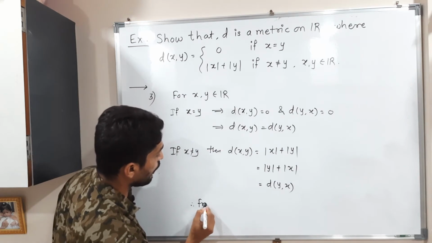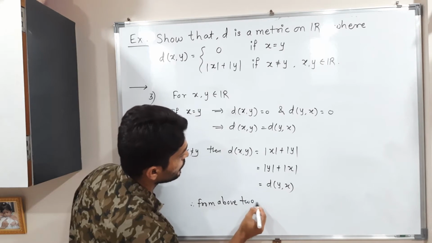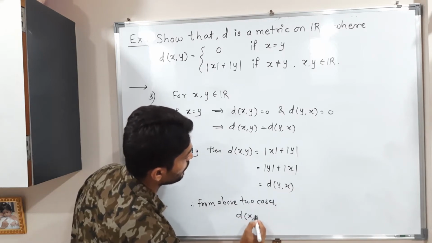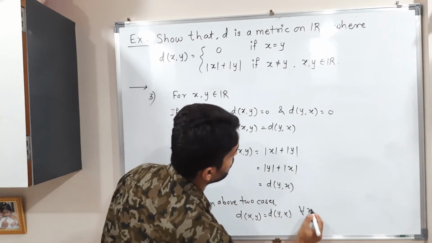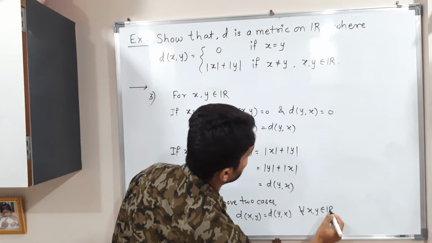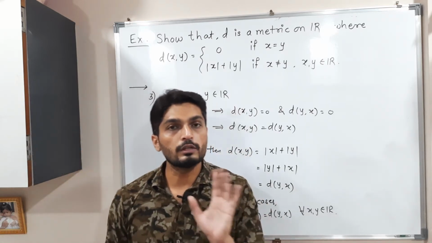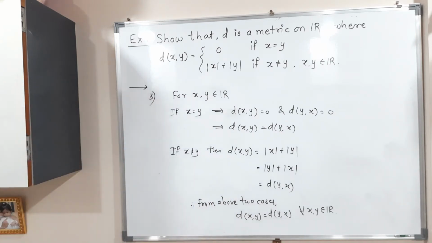Therefore, from the above two cases, we get d of xy is equal to d of yx, and this is true for all x, y belonging to R. So in this way we proved the third property also. Only the last property remains. Make a screenshot of it, and after that we'll go for the last property of this example.